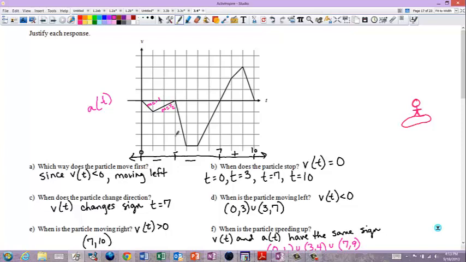Down 1, 2, 3, 4 over 1, so m is negative 4. m is 0. Up 2 over 1, up 2 over 1, up 2 over 1, so m is 2. Up 1 over 1, m is 1. And down 3 over 1, m is negative 3.